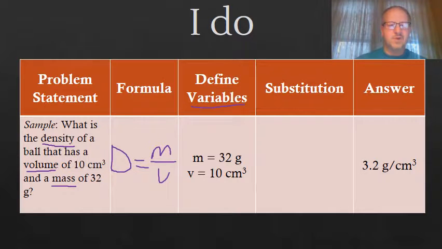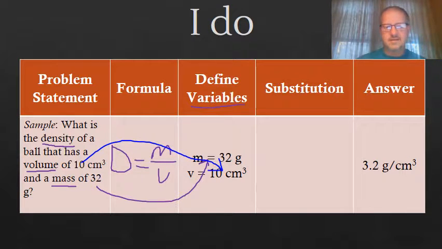Our mass, we're told, is 32 grams, so we just bring that over and plug that in. And our volume is 10, so we plug that in. Now we have our variables defined. Now we can use a substitution process to put our numbers where the letters are, and then we can do the math.